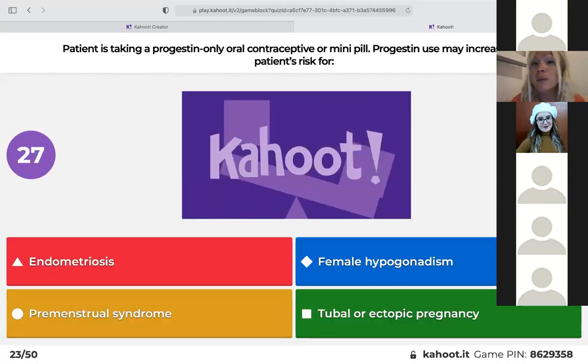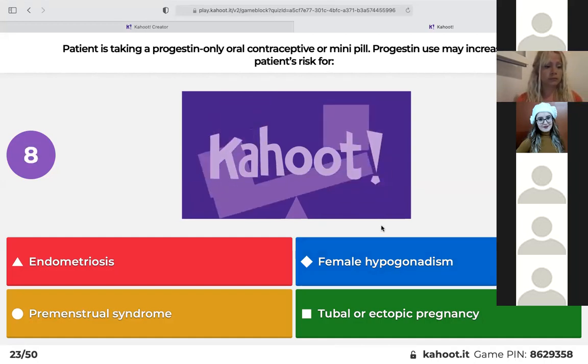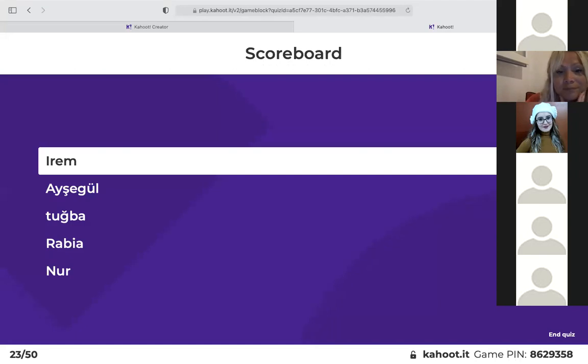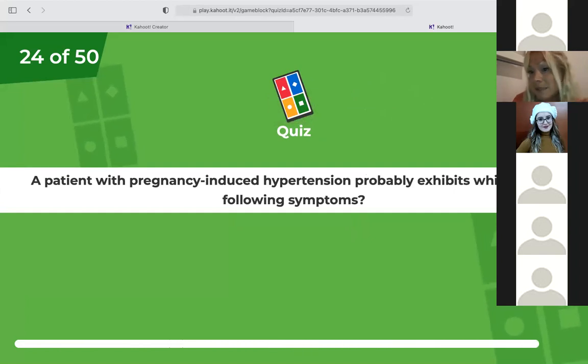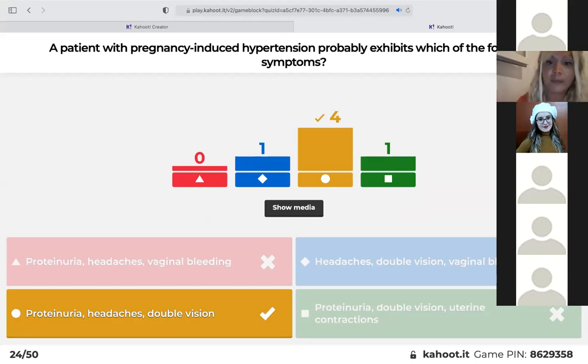Progestin use may increase the patient's risk for what? A patient with pregnancy-induced hypertension probably exhibits which of the following symptoms?